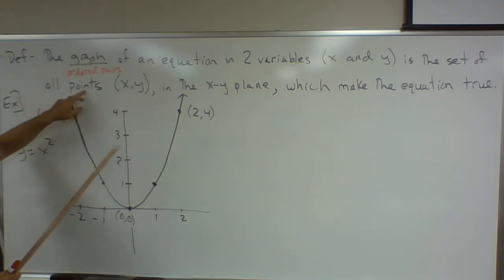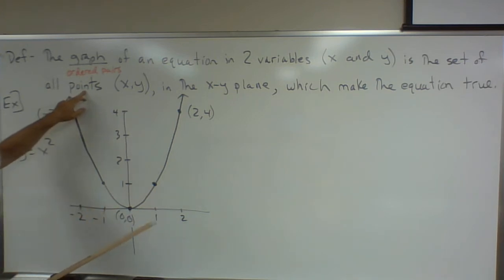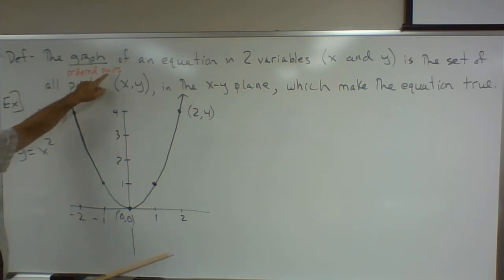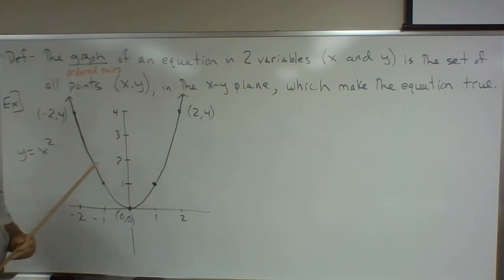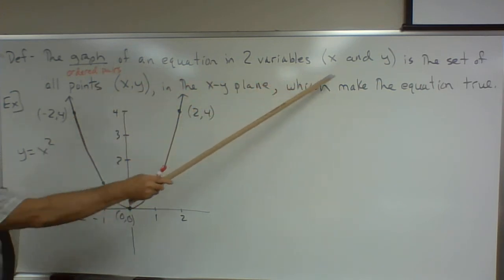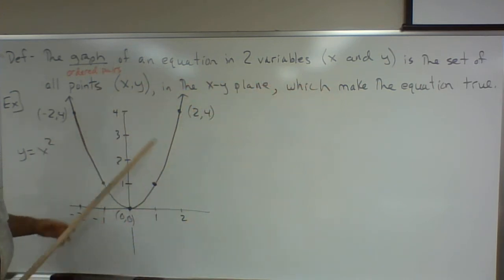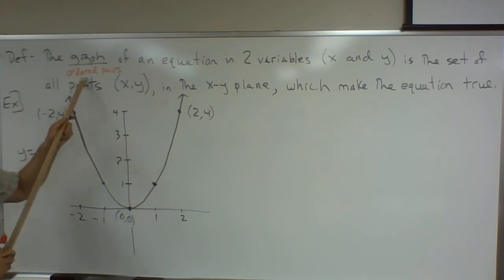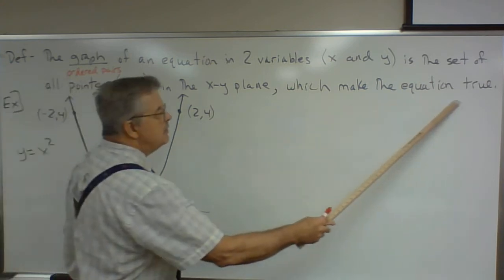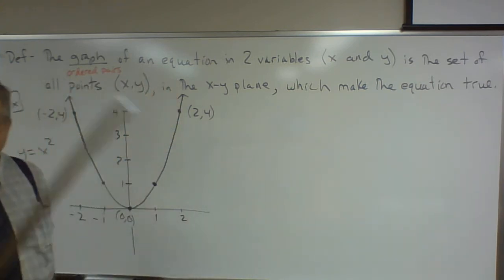So when I say the word point and I'm talking about an equation in two variables, every point is an ordered pair. So I could say the graph of an equation in two variables, x and y, is the set of all ordered pairs, x, y, which make the equation true.